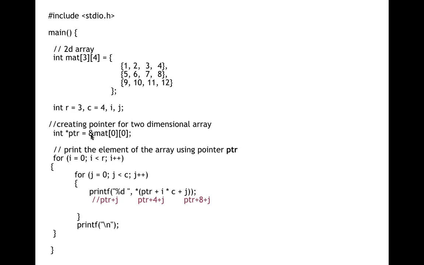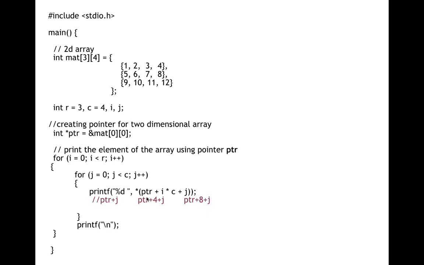Let us see how we access the matrix using a pointer. My I loop is my row loop, that is I equal to 0 to R. J is my column loop, J equal to 0 to C. Now what am I going to print? I'm going to print the matrix values using PTR.